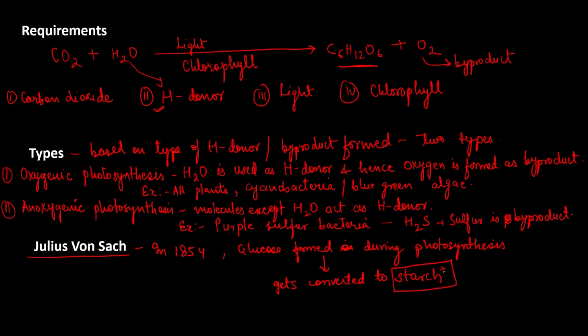It will never be stored in the form of glucose. So if you look at the leaves and check for the glucose, you will not find it. Instead, you will find starch.